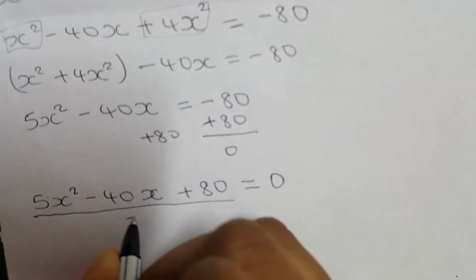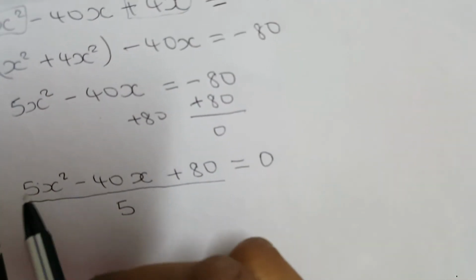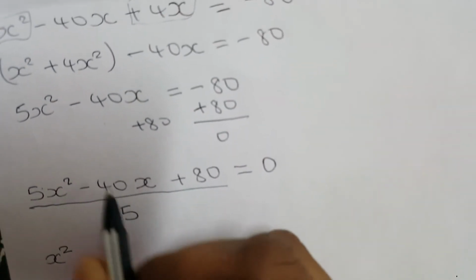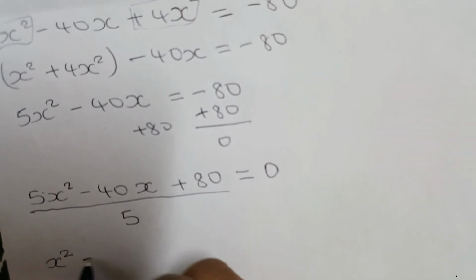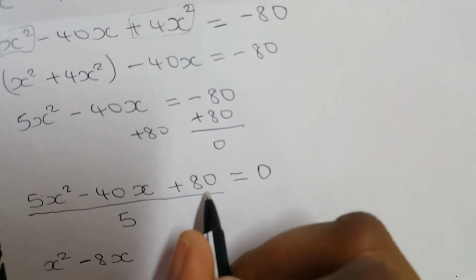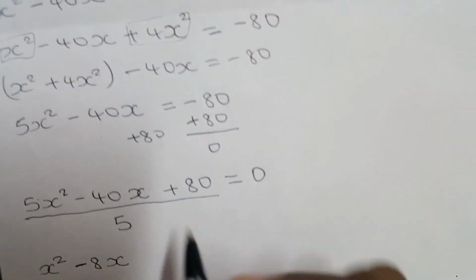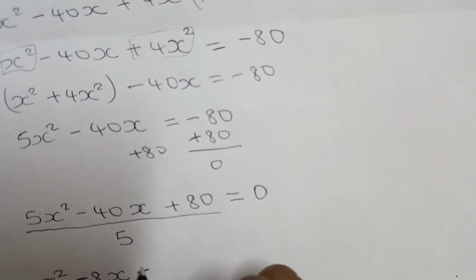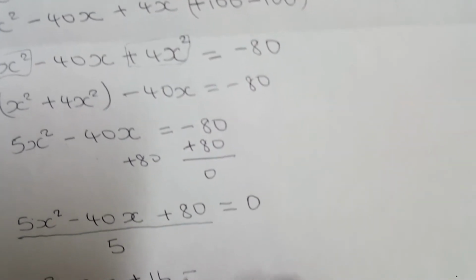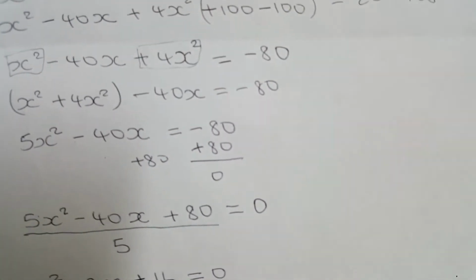So we're simplifying by 5. 5 into 5x squared is x squared. 5 into negative 40 is negative 8, because 5 times 8 is 40, and 5 into positive 80 is plus 16. Still equal to 0.